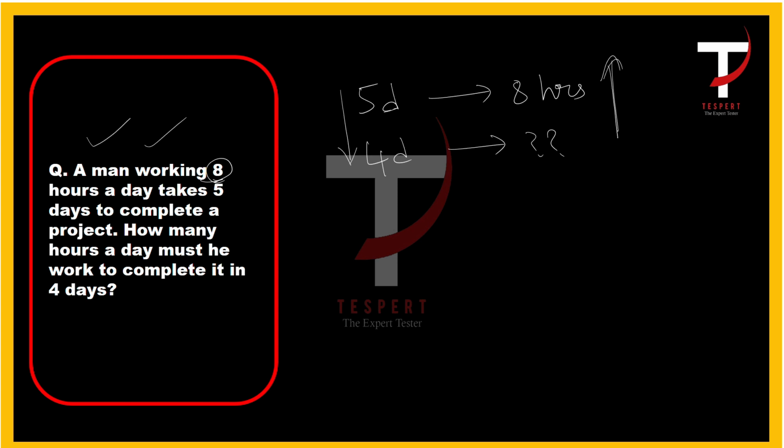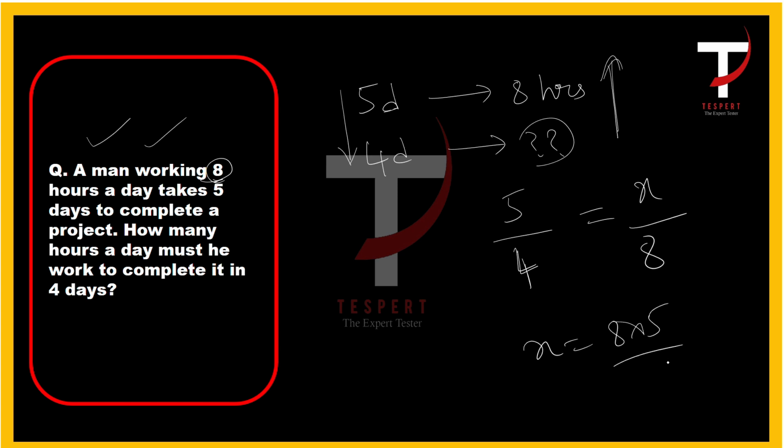So it is an indirect variation. And how do we proceed? 5 by 4 is equal to not 8 by x, it is x by 8. So x is equal to 8 into 5 by 4.